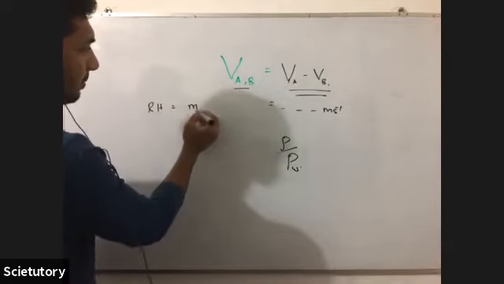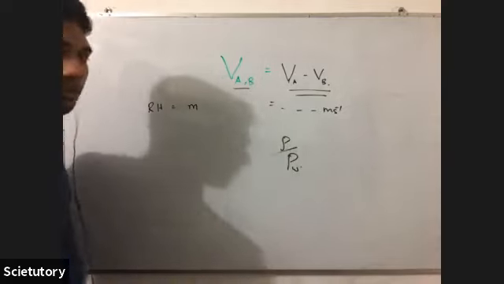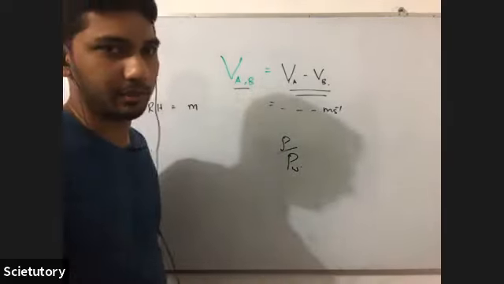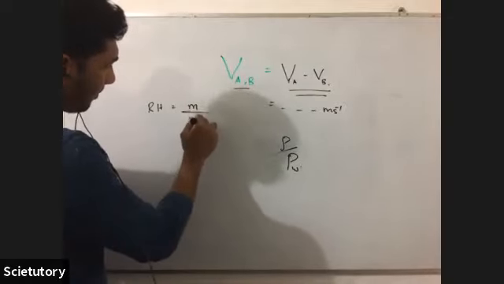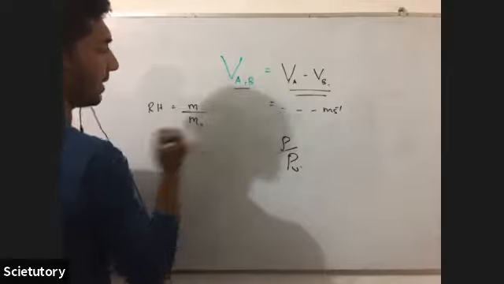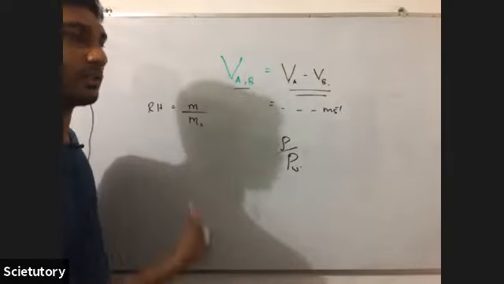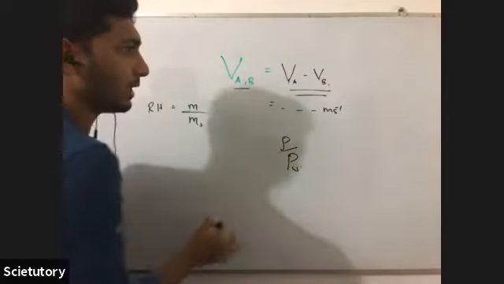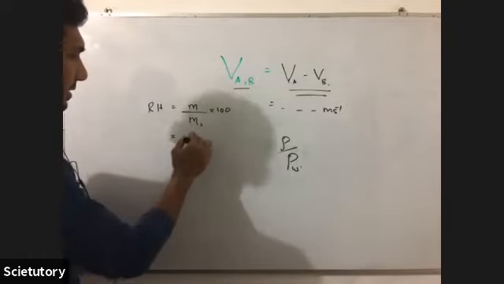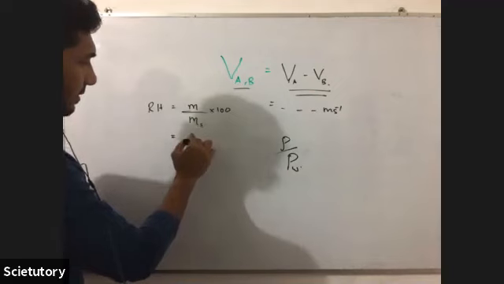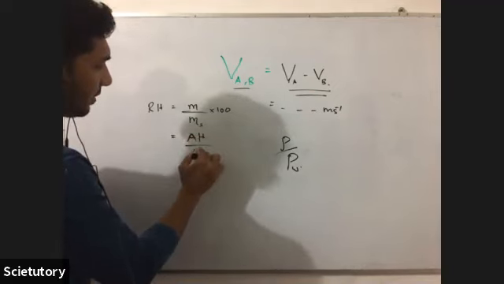Mass of the unsaturated water vapor in a particular volume at a particular temperature, upon the mass of water vapor that is needed to saturate that particular volume at that temperature, into 100. Or we can express it as AH over AHS also.